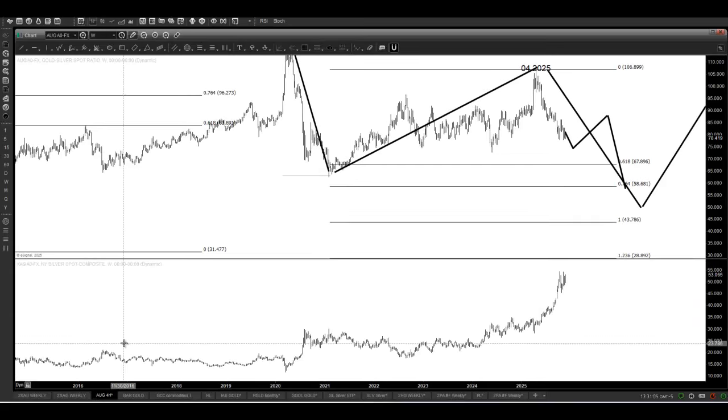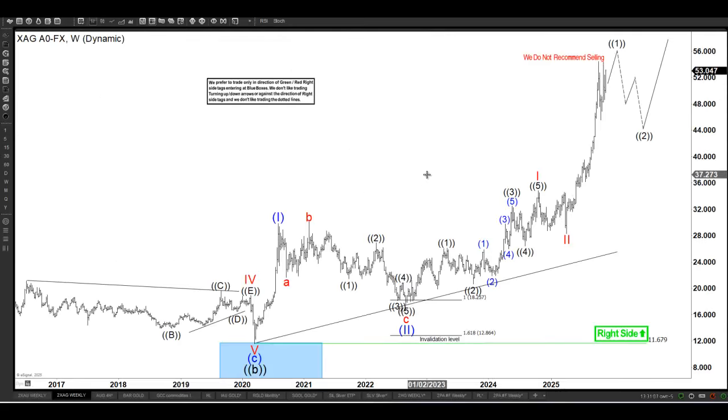Now, this is silver with labels. This is where we bought it in 2020, right here. And silver, this is the grand super cycle.